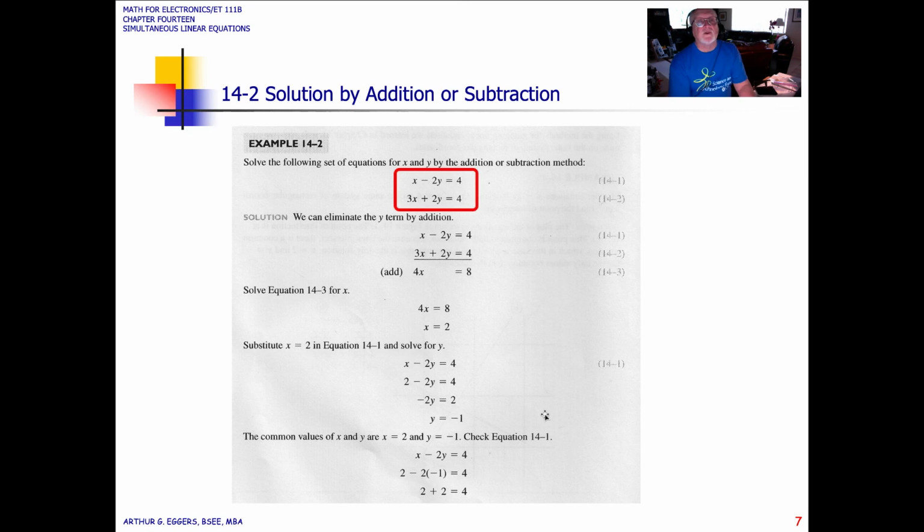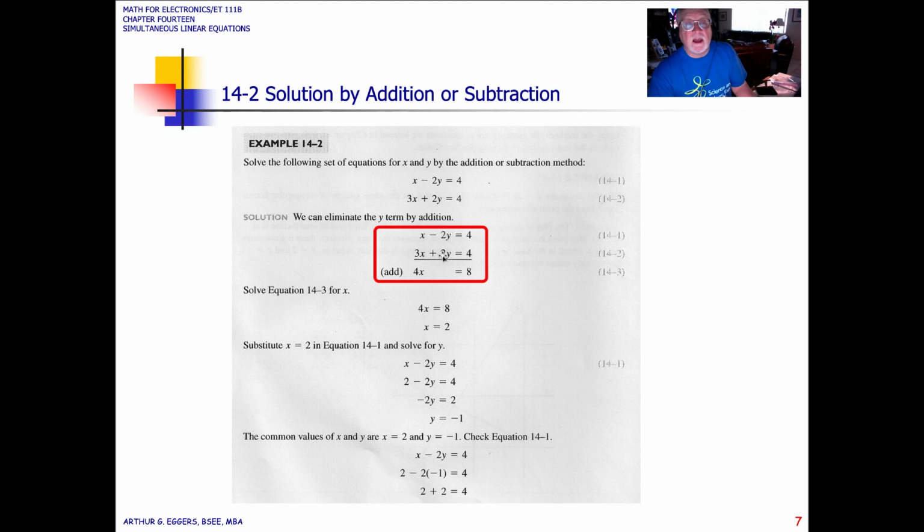Example 14.2. Solve the following set of equations for x and y by the addition or subtraction method. So it looks like we've got the same expressions here. x minus 2y equals 4 and 3x plus 2y equals 4. The solution says we can eliminate the y term by addition. So we're just going to add these two expressions together, just like you would normally do in addition. 4 and 4 gives us 8.